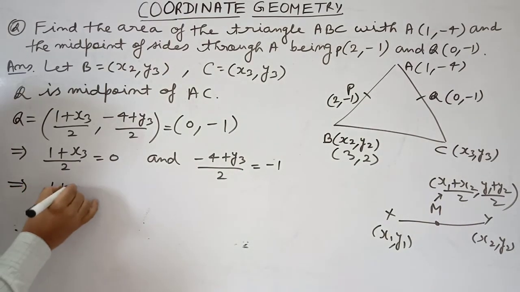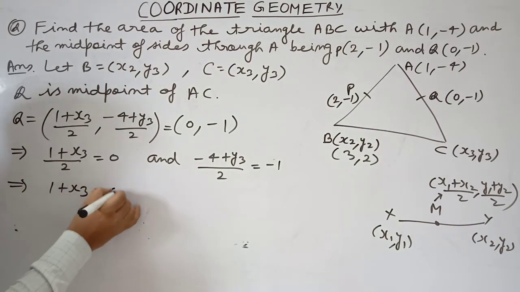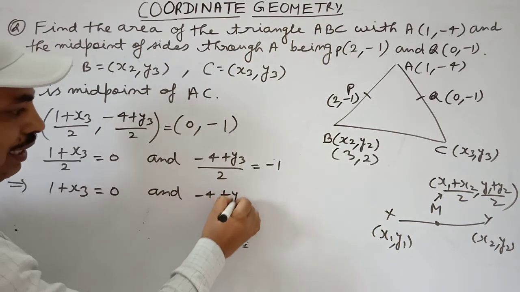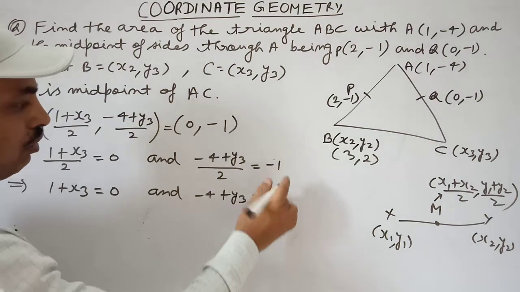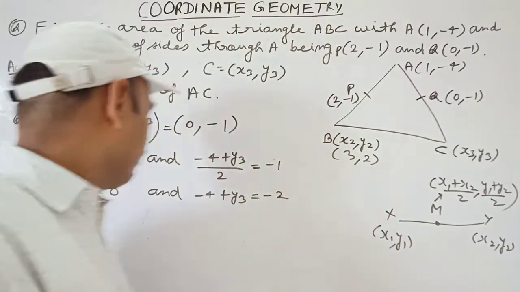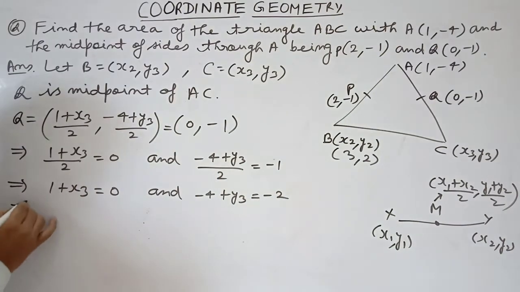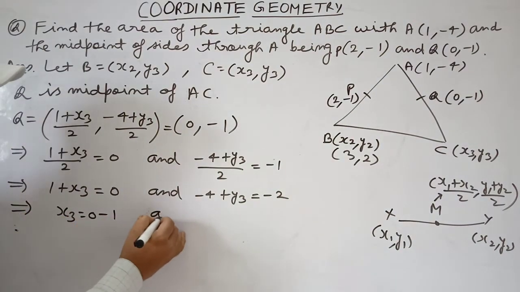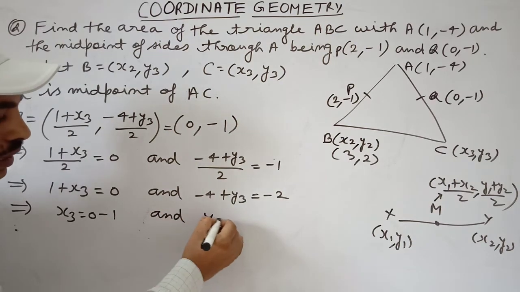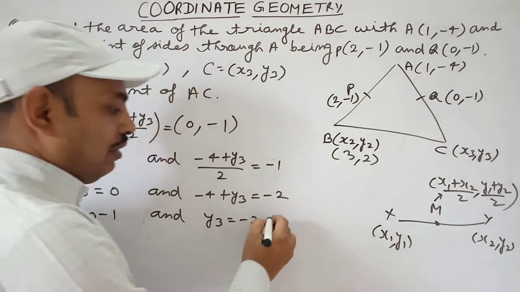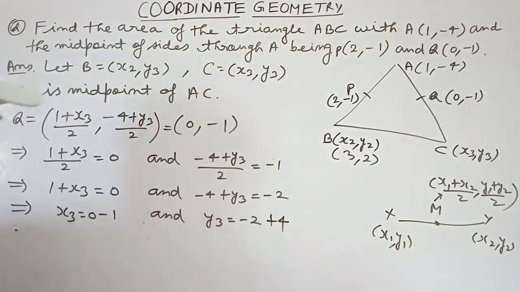So 1 plus x3 equals 0, and -4 plus y3 equals -2. So x3 equals 0 minus 1, and y3 equals -2, shifting -4 to the RHS, plus 4.